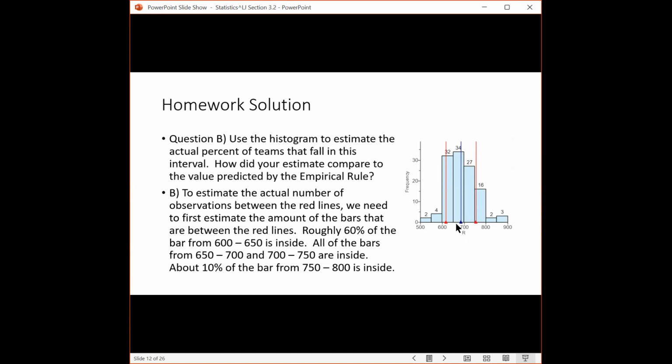We can say that all of the bar from 650 to 700 is between the 2 red lines within the 1 standard deviation. And the same thing is true for 700 to 750. That's this bar here. Okay, and then finally we have from 750 to 800, and we only have a sliver of that bar. And so I said about 10% of that bar is within the 1 standard deviation interval.